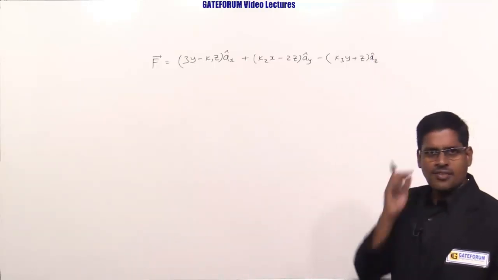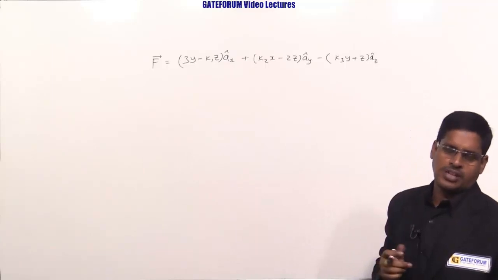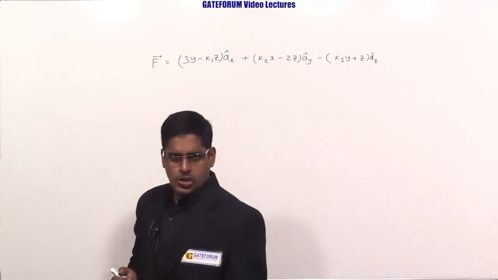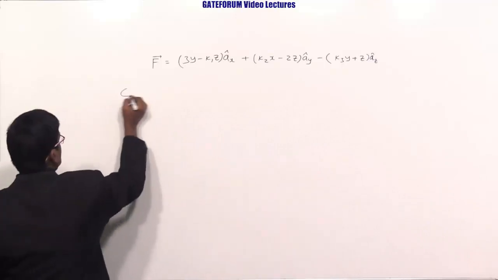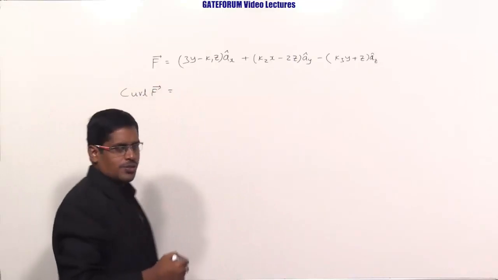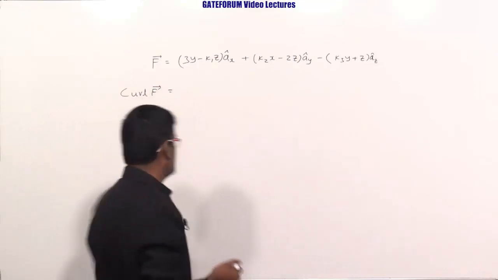So ax, ay, az you can also denote for convenience as I, j, k respectively. So irrotational means related to the curl procedure. So when curl f bar is 0, then the vector function is irrotational.